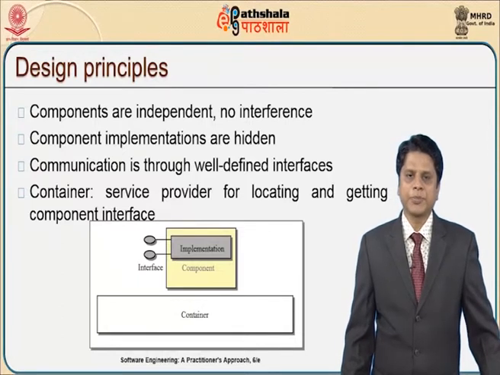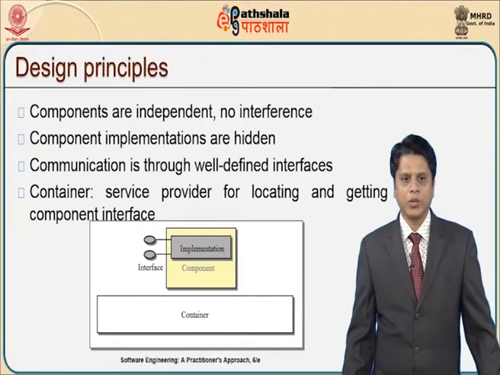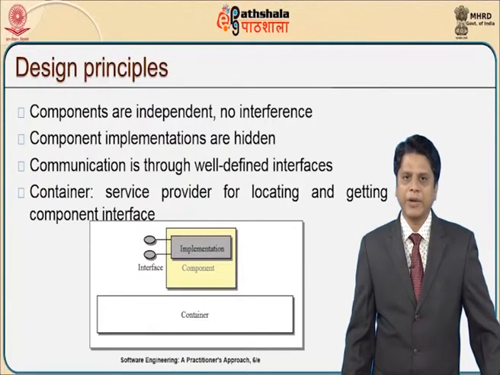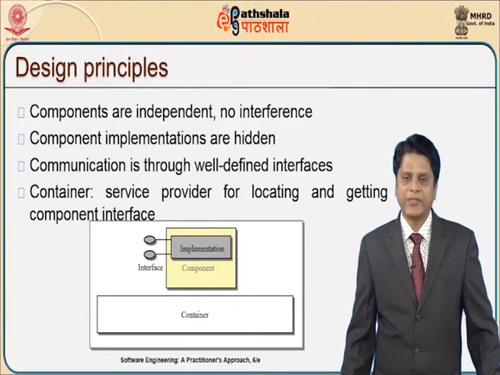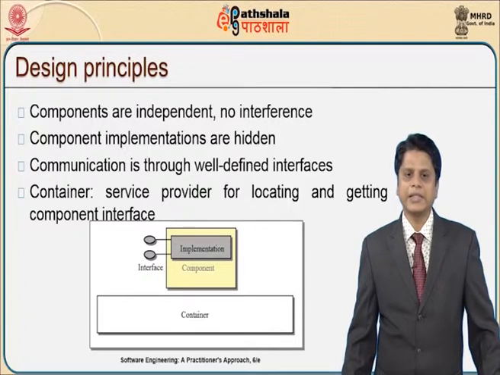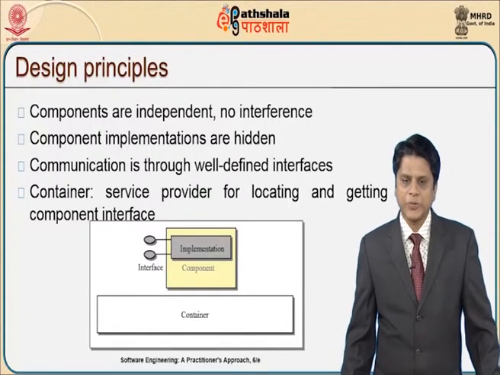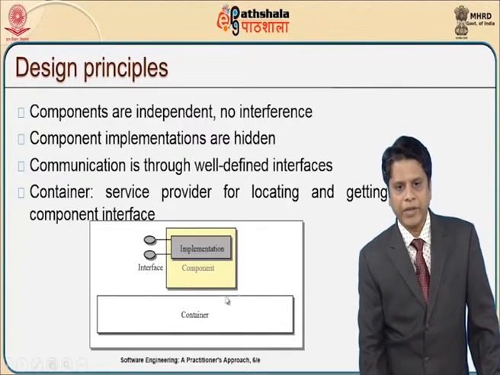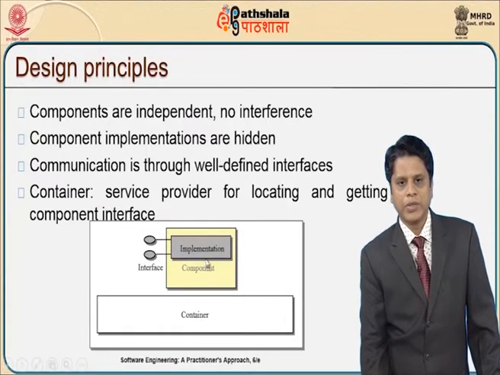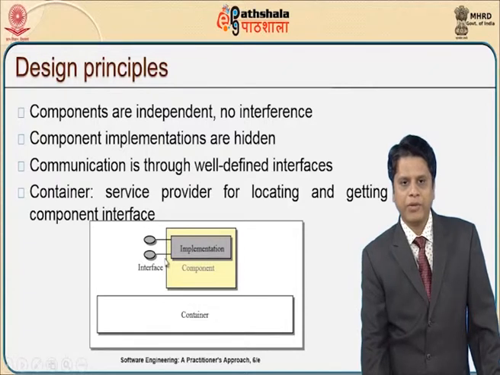Some of the design principles of component based software engineering include: components are independent and communicate through interfaces. Component implementations are purely hidden. Communication is through well defined interfaces. It contains a container, a service provider for locating and getting component interfaces. Say for example, we have a clear component which is about to be implemented, and we have interfaces which are connected to it.